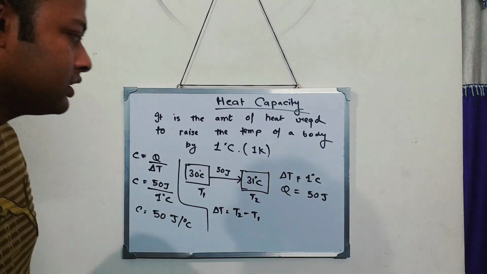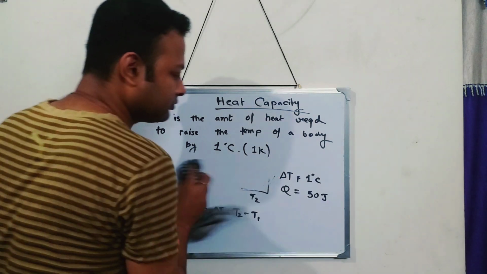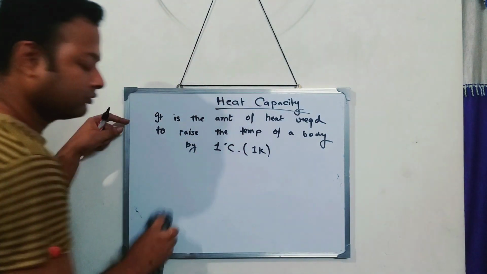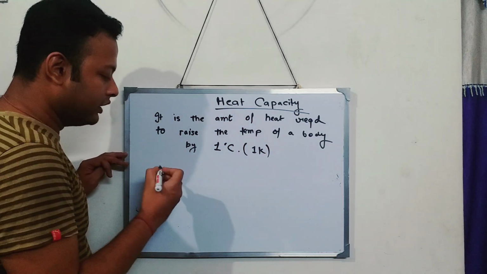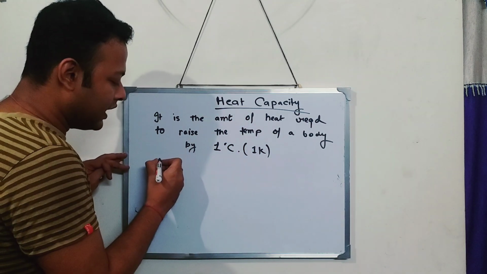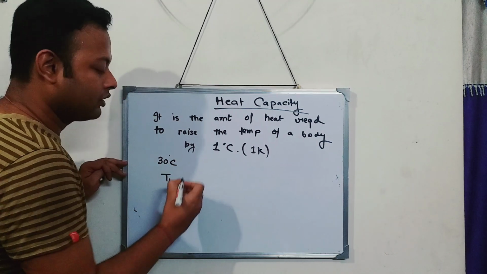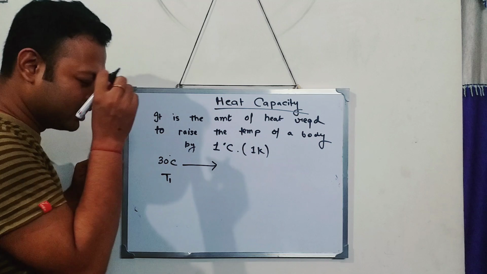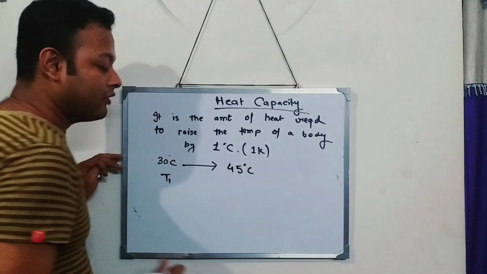Let's understand this thing in one more way. Let's take a body. It is at 30 degrees centigrade, which is the value of T1, and it is going to a temperature of say 45 degrees centigrade.